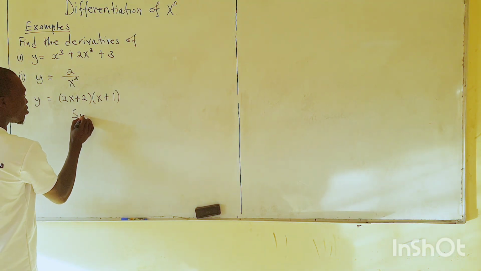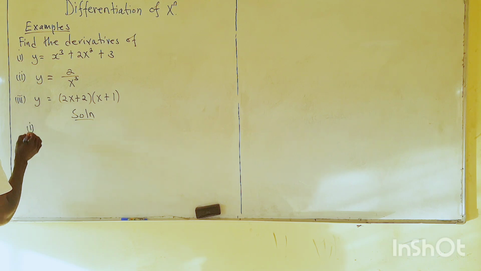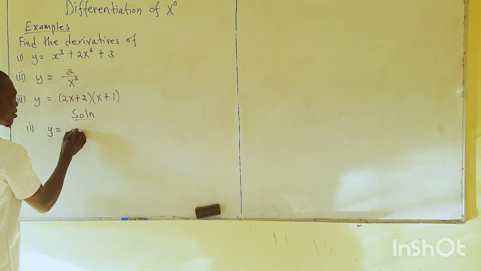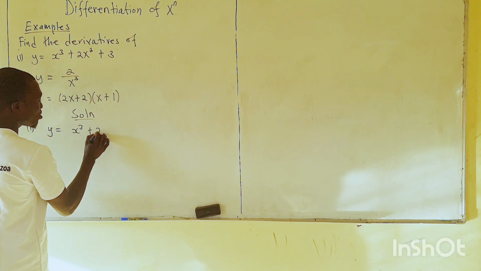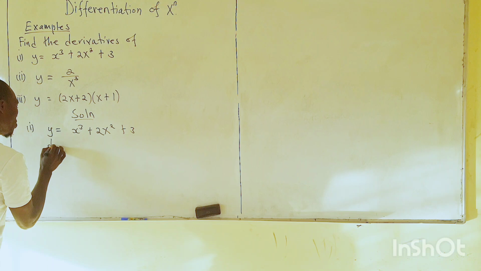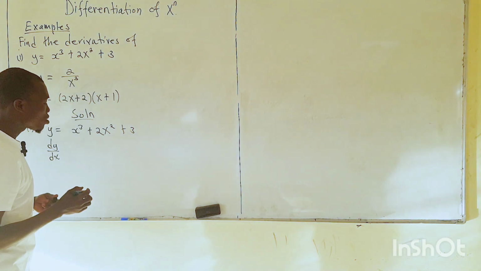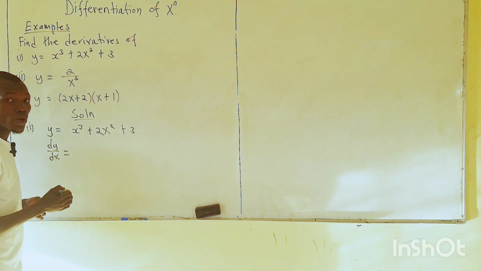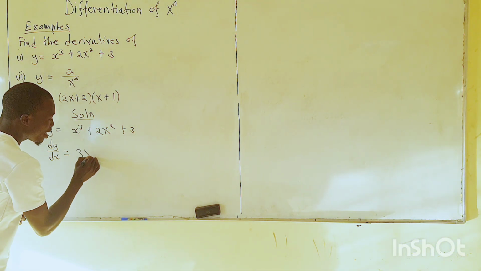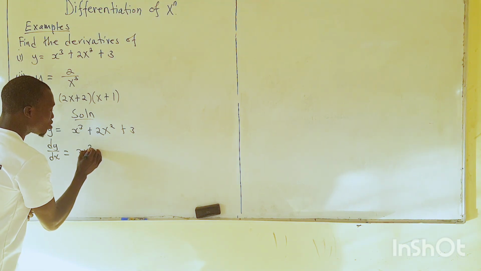For the solution to the first one, using the general rule, we have y equals x cubed plus 2x squared plus 3. We are told to find the derivative, so dy/dx equals: bring down the power 3, it becomes 3x, then reduce the power by 1, so power 2.